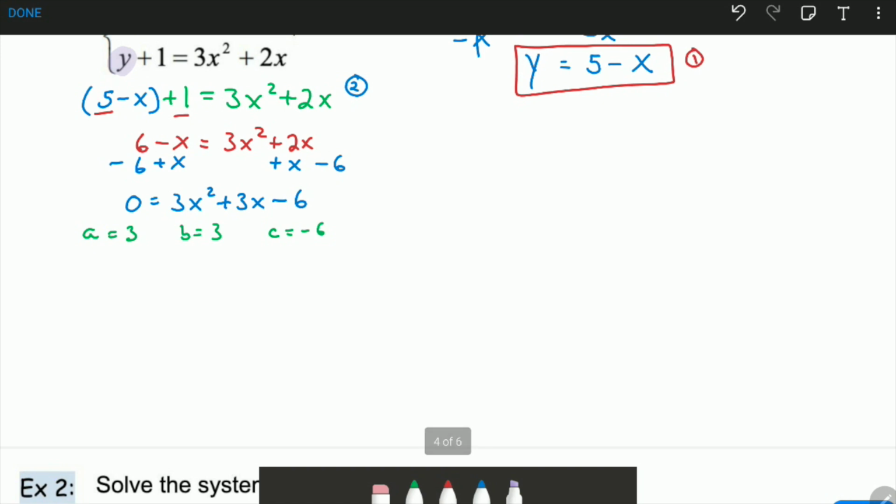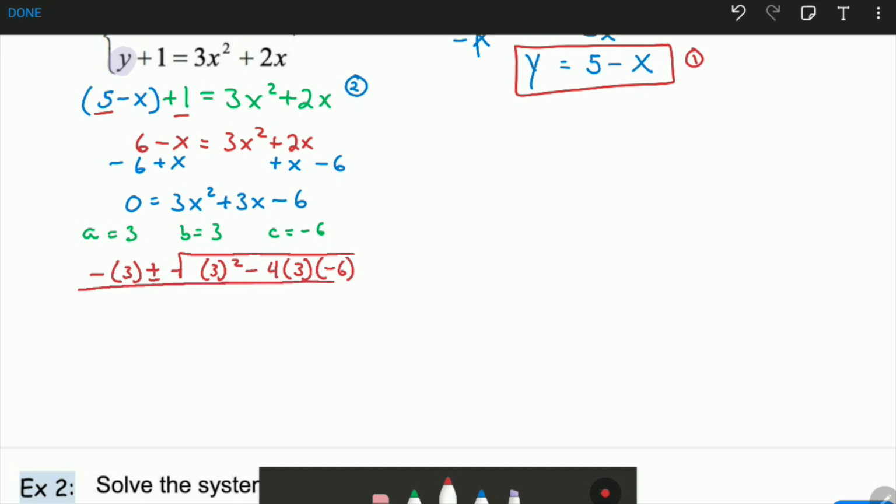If you fill it into the quadratic formula, we will have negative b plus or minus the square root of b squared minus 4 times a, which is 3, times c, which is negative 6, all over 2 times a, which is 3.